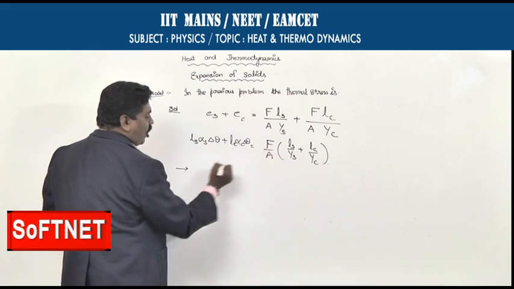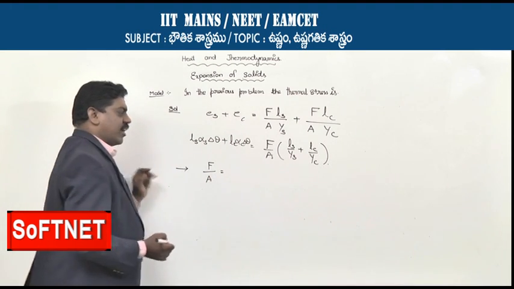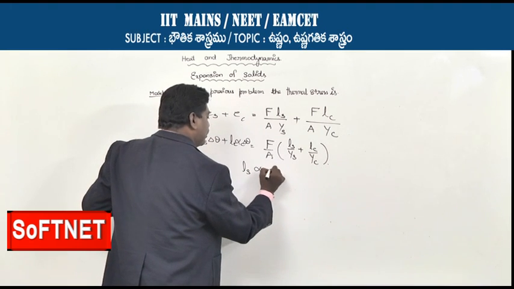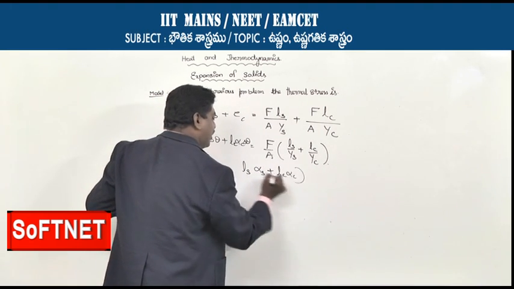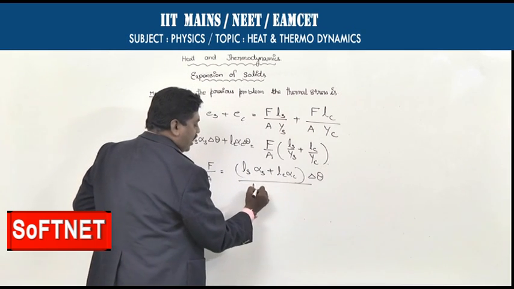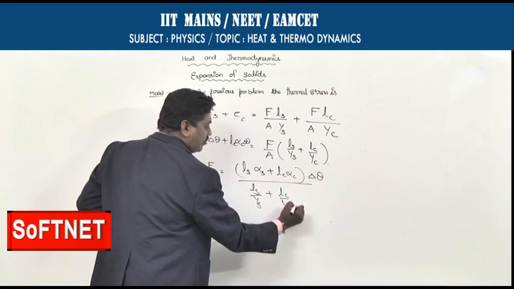But I need the formula for thermal stress F by A. So F by A is given as (Ls alpha s plus Lc alpha c) into delta theta divided by (Ls by Ys plus Lc by Yc).